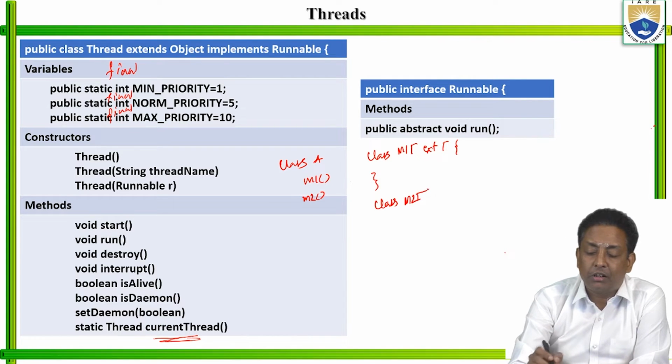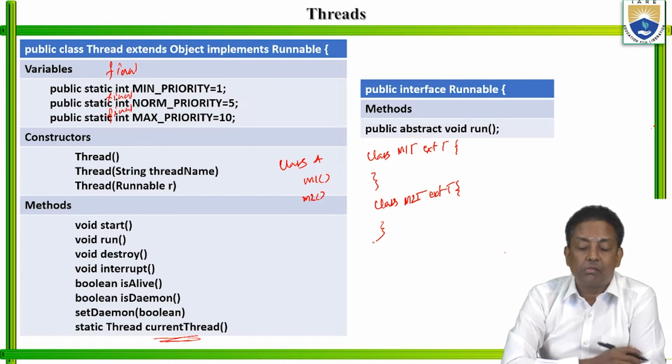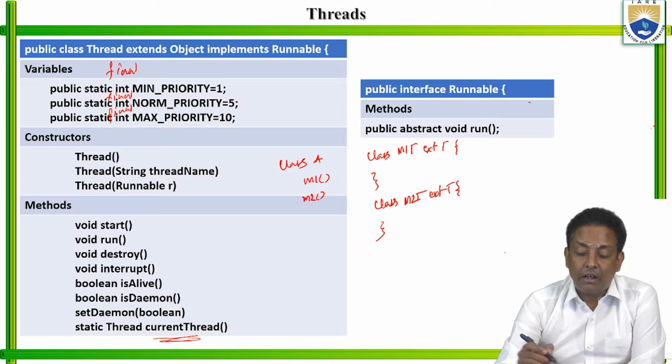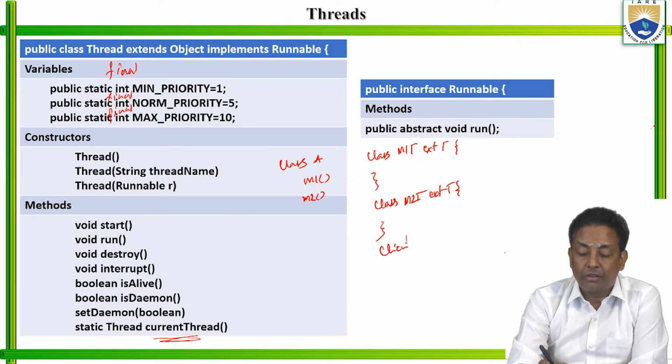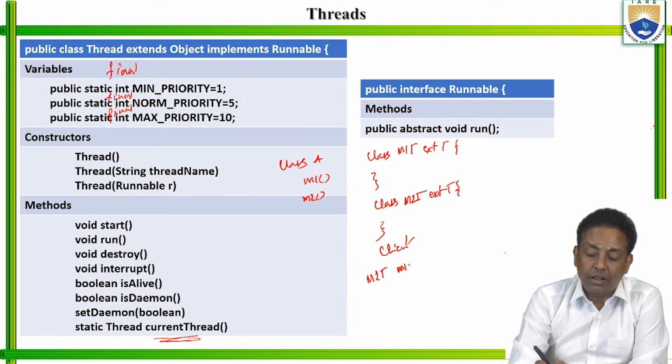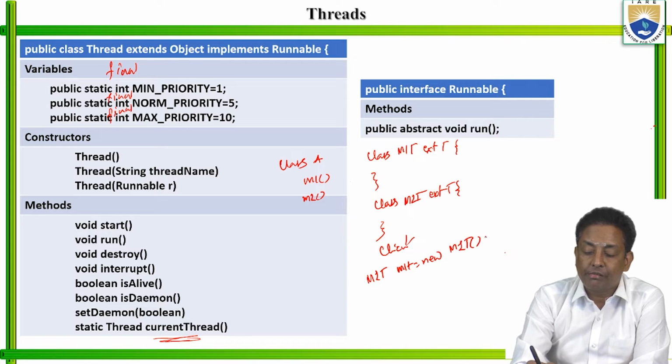So here I am taking the M1 method and M2 method. For that the thread names are M1Thread and M2Thread, which extend Thread. And then in the client program, we'll create an object of M1Thread, m1t is equal to new M1Thread. Similarly, m2t is equal to new M2Thread.